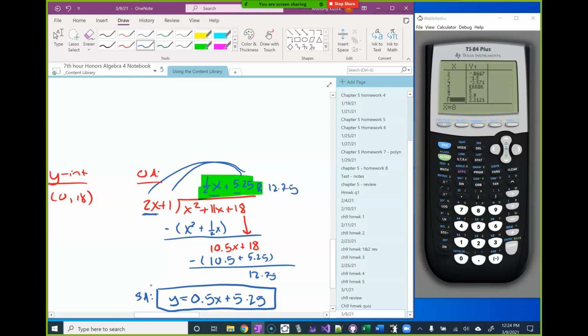Notice here I've got rid of the fraction for the 1/2. I just wrote it as a decimal. If we're about to graph it, it just makes life a little bit more convenient to not have the fractions in there. You know what I mean? Everybody doing okay so far?